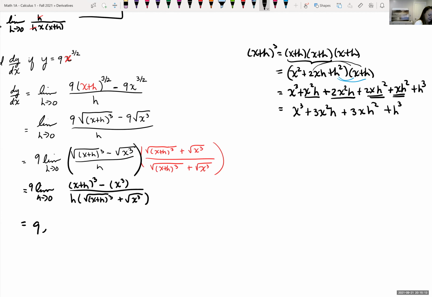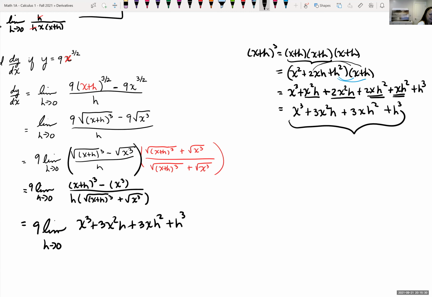So we have 9, limit as h approaches 0. This whole (x plus h) quantity cubed, which was x cubed plus 3x squared h plus 3xh squared plus h cubed, then minus this x cubed, all over h times the square root of (x plus h) quantity cubed plus the square root of x cubed.